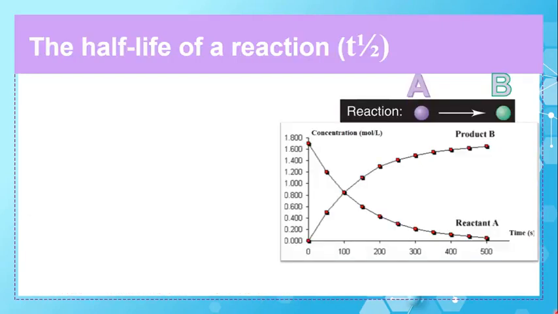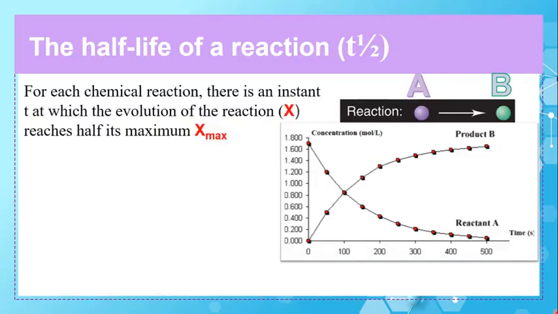For each chemical reaction, there is an instant t at which the evolution x is equal to x maximum over 2. We have the same reaction seen previously. Let's try to find the half-life of this reaction.